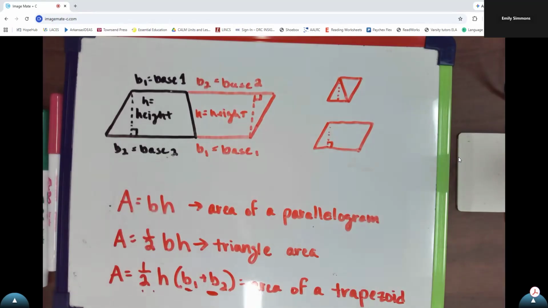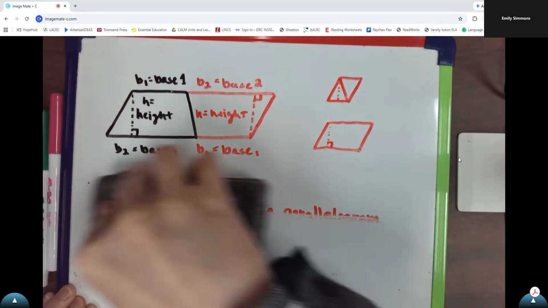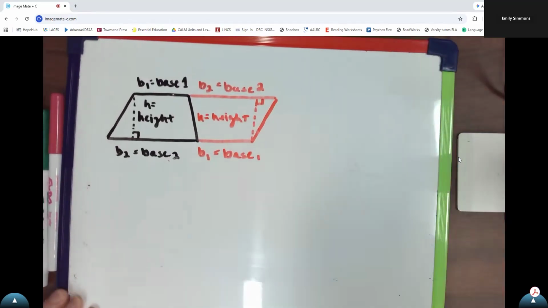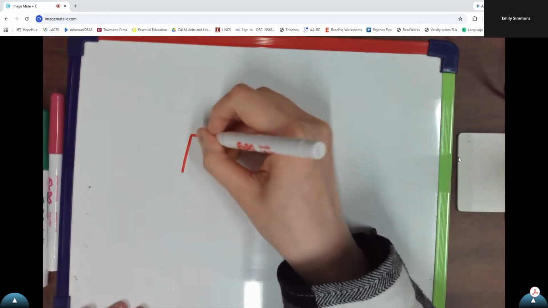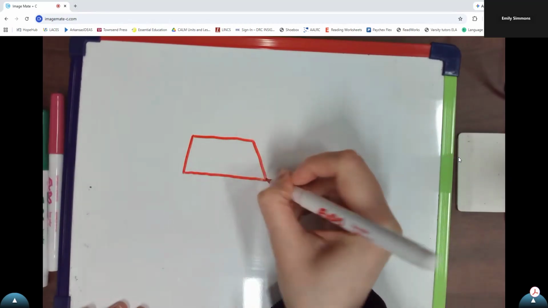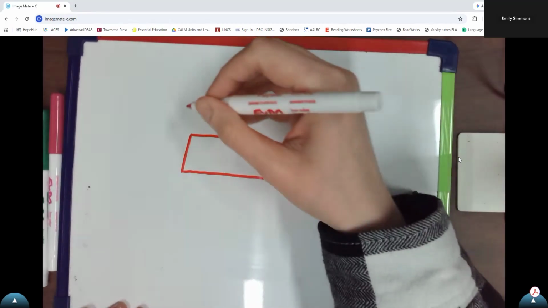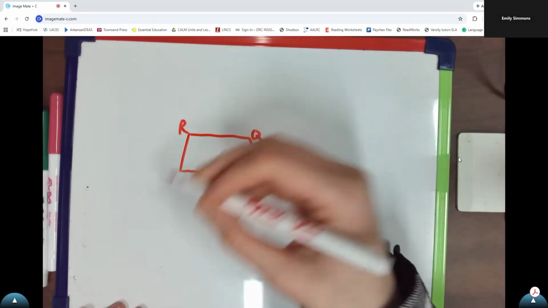Then your third picture that I got had a trapezoid drawn on it. I'm gonna make some more room. So we had this trapezoid. And it was even labeled RQSP.